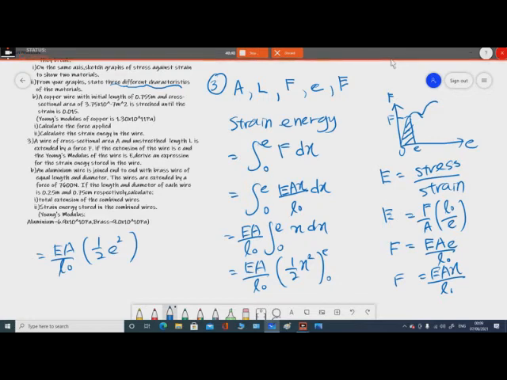Okay, so this will be our final answer. Or we can say half EA, so this E we put it here, over L naught times E, and finally what we get is, so this EA over L naught, we sub this F back, so this is half FE.